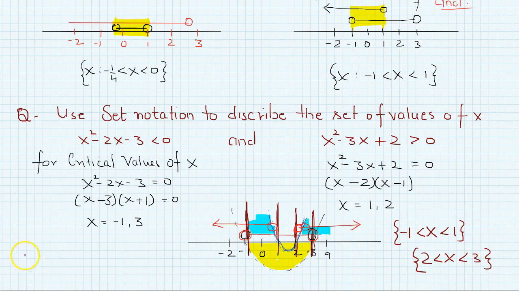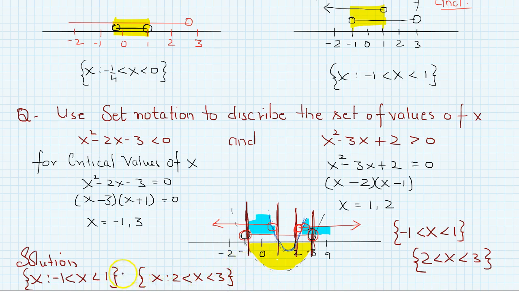So the solution set will be x such that x is greater than -1, less than 1, and x such that x is greater than 2 and less than 3.